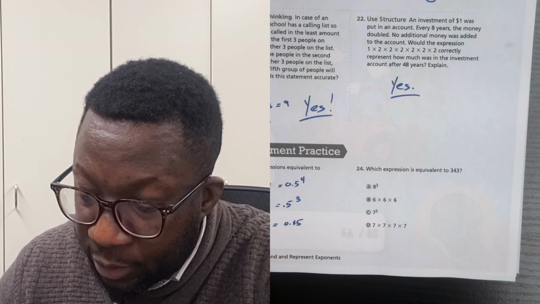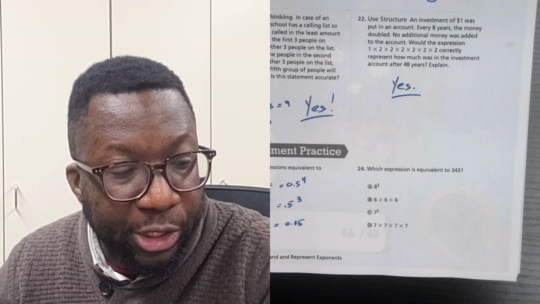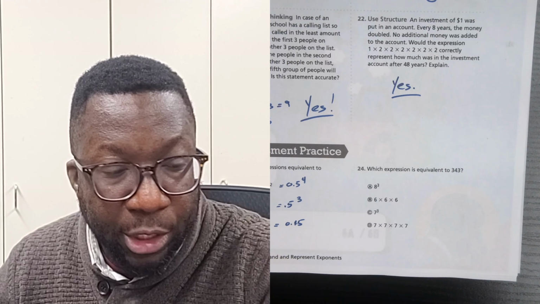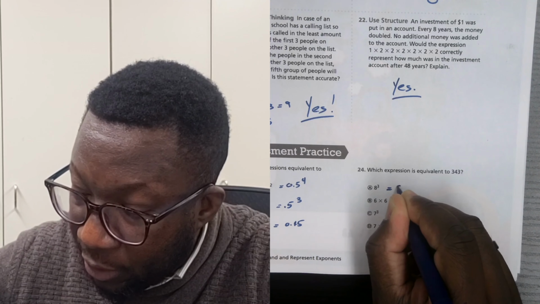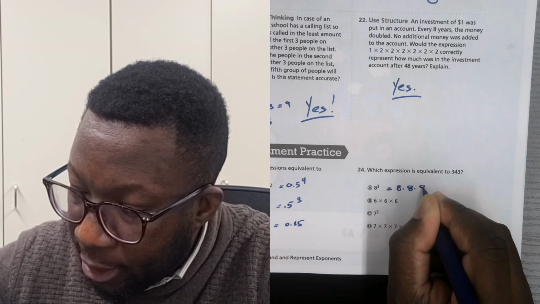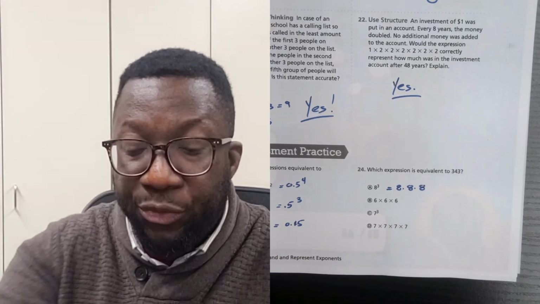Let's take a look at question number 24. 24 is asking us which expression is equivalent to 343. So this just means we have to work each of these out. 8 times 8 is 64. 64 times 8, that's 512. 6 times 6 is 36. 36 times 6 would be 216. 7 to the third power is 7 times 7, which is 49.